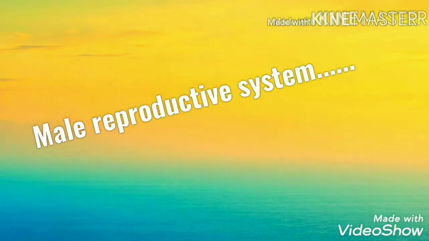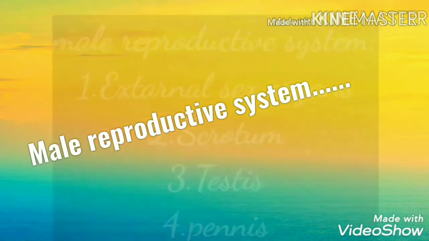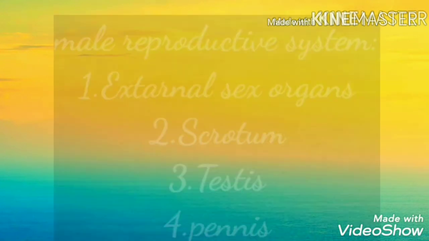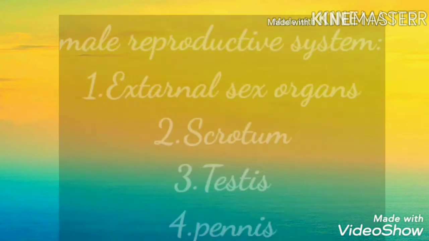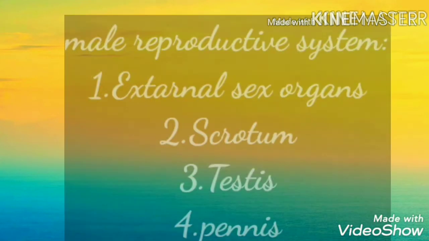The male reproductive system includes the external penis, scrotum, epididymis and testis, and the internal accessory organs. The external male sex organs are located outside of the man's body. These external structures are the penis, scrotum, epididymis and testis.